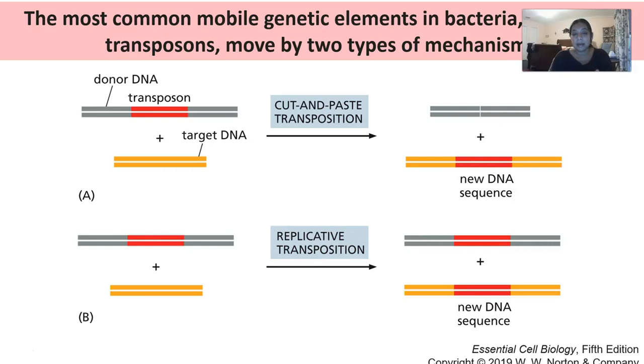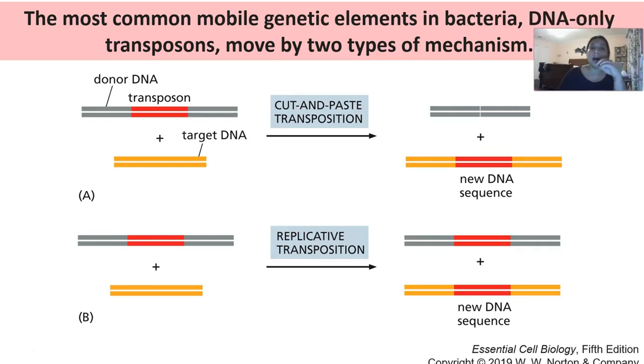These sequences will contain genes that allow them to be excised or cut and then moved to another place and pasted in a different part of the genome, adjacent to it, or at another place homologous to it, or another place entirely. They can also have sequences that allow them to be replicated and made into more copies, which can then go and insert themselves elsewhere in the genome. So these are basically two different mechanisms with which they can move.